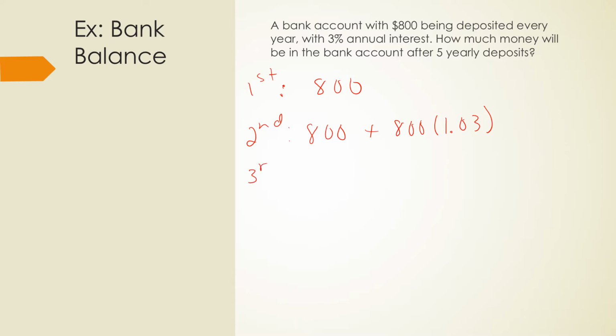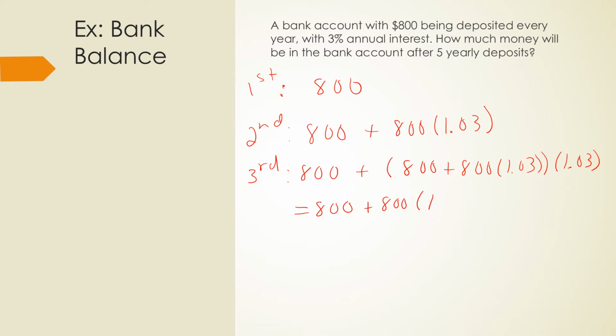After the third deposit, we'll again have added another $800, and then we'll have added interest onto the previous balance. So here I'm taking the previous balance, and I'll multiply that by 1.03 to represent the new interest earned. I can rewrite this whole thing as 800 plus 800 times 1.03 plus 800 times 1.03 squared.